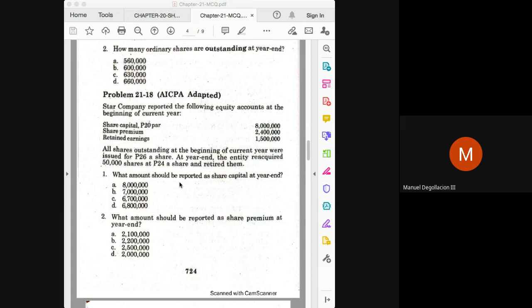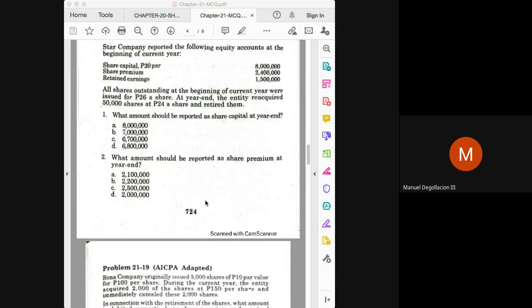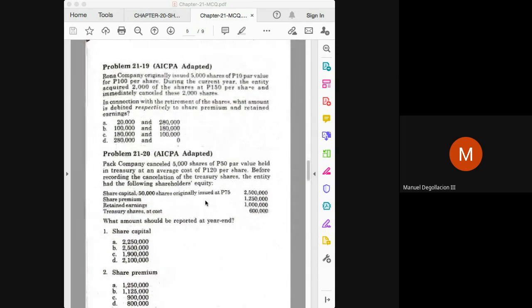So your share premium here will have an addition of 100,000. So 2,400,000 minus 300,000 plus 100,000. The share premium after these transactions will be 2,200,000. Let's proceed to problem 21-19.